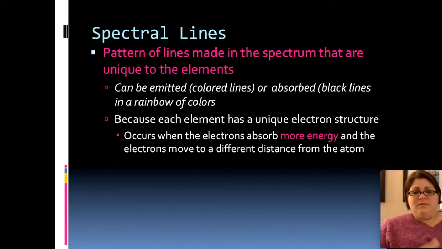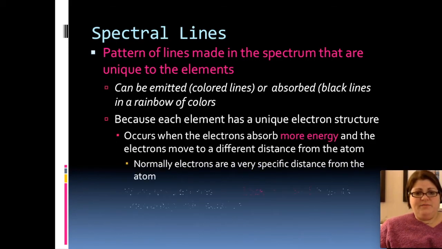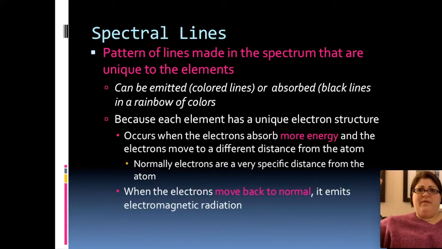When the electrons absorb energy, they move briefly to a higher state of energy. Then they eventually return back to normal. Actually, it's really quick. And when they return to their normal position, that difference in energy is the light that is emitted, and that creates the lines.